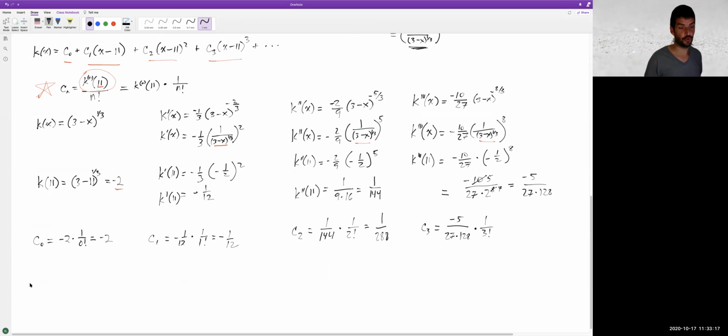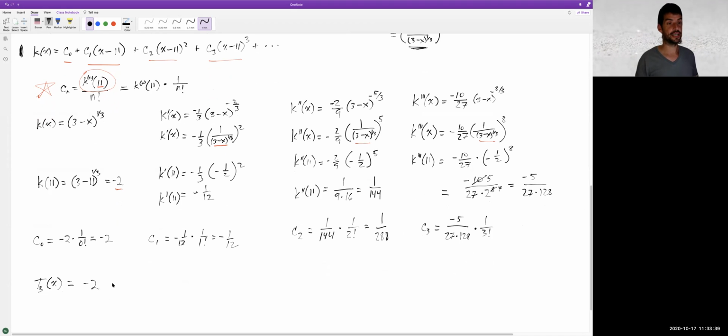In other words, now we can finish this off. The first 4 terms, let's write it this way: the third degree Taylor polynomial. I'm calling it third degree because there are 4 terms, but the degree is the highest power on x, and here we see a 3. It is going to be -2, following this map that I have up here.